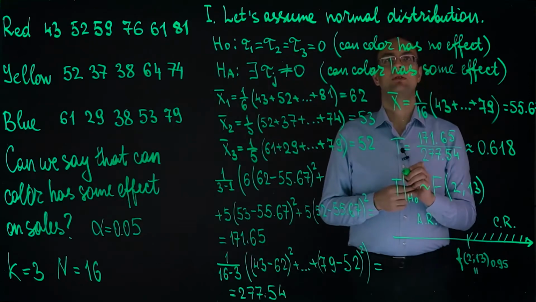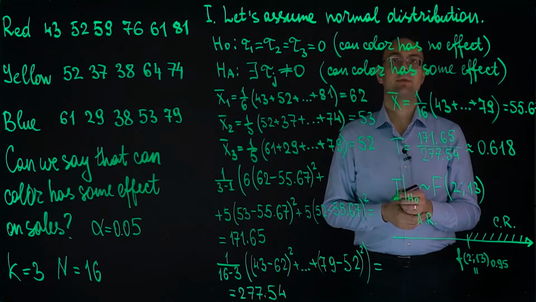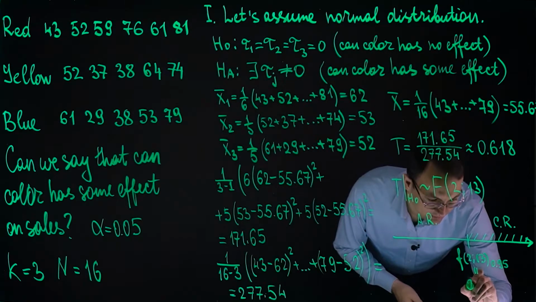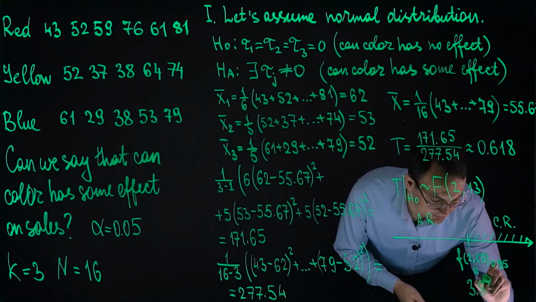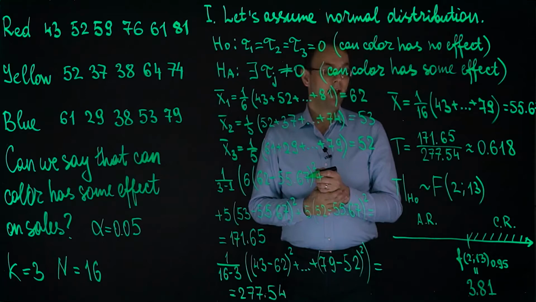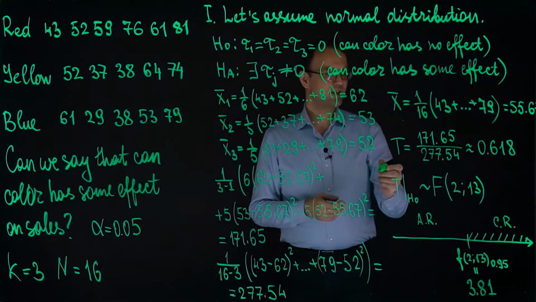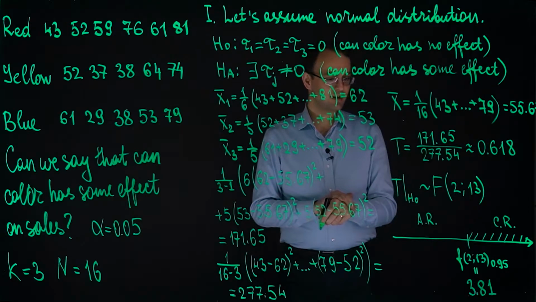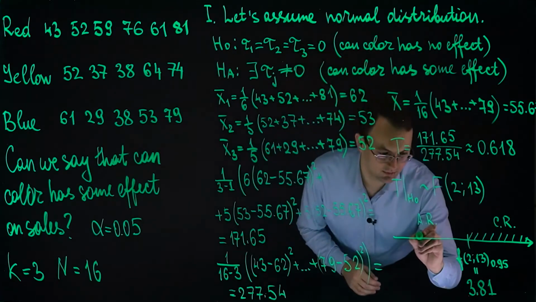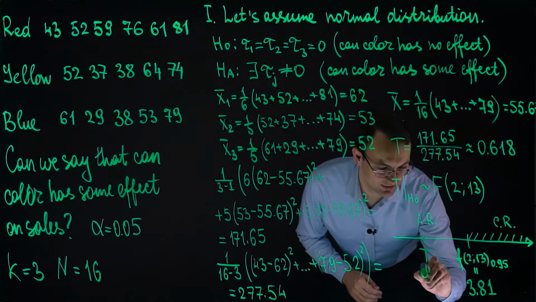We can find the quantile in the table of the quantiles of the Fisher distribution. The quantile is 3.81. And so we see that the test statistic, which is 0.618, is in the acceptance region.